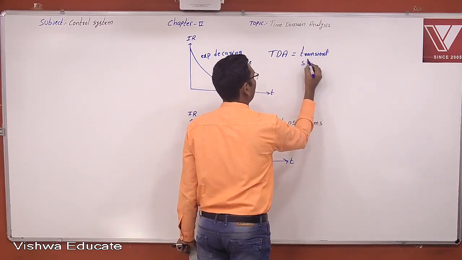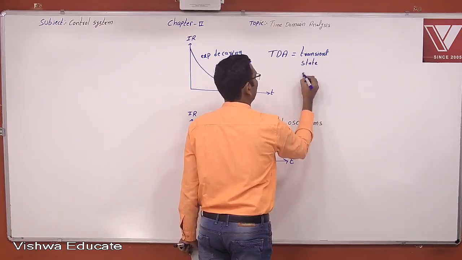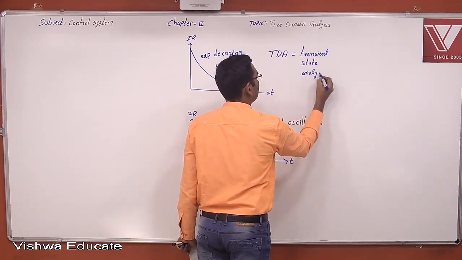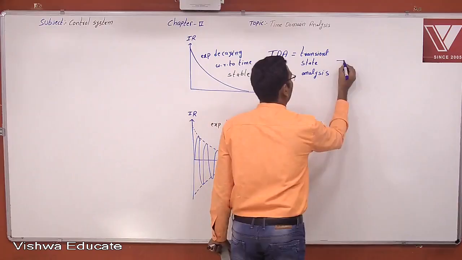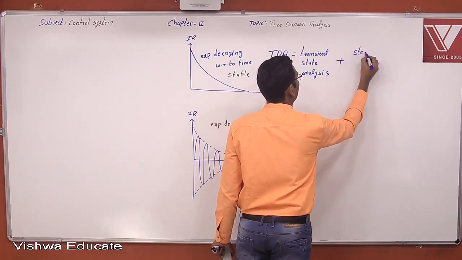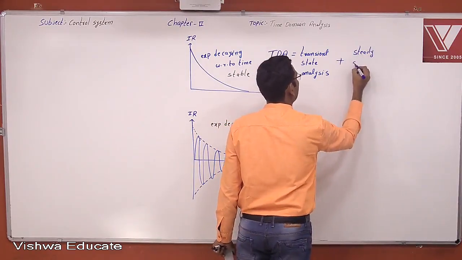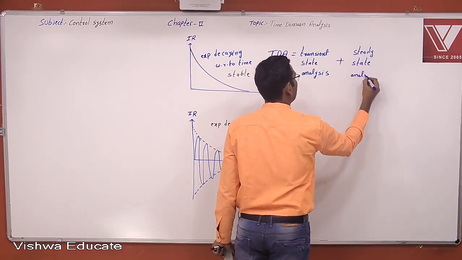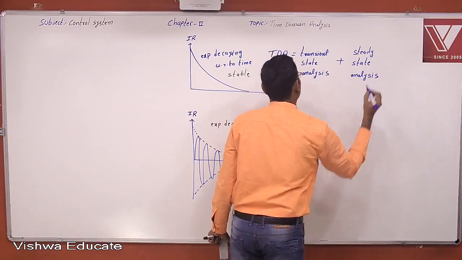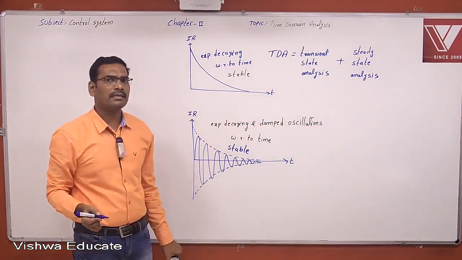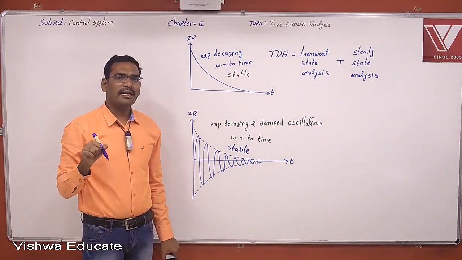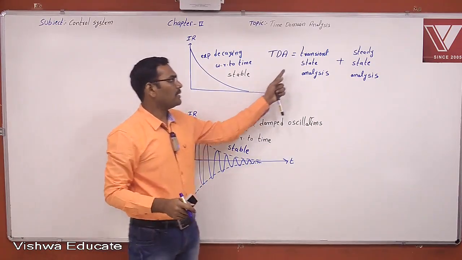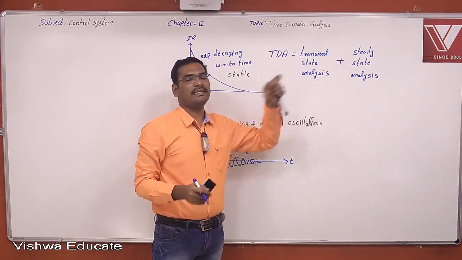One is transient state analysis and another one is steady state analysis. What is being said is that the total time domain analysis is nothing but transient state analysis as well as steady state analysis.